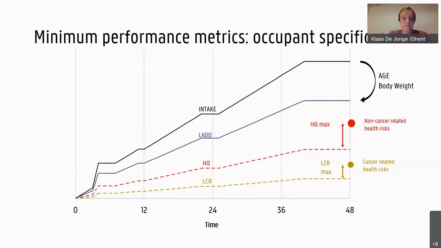So we wanted a metric that also includes the information we already have and takes that into account. What the LADD does is take into account age and body weight to go from intake to the LADD. That one we can check against the hazard coefficient and the lifetime cancer risk to see if it goes above a certain limit or not.